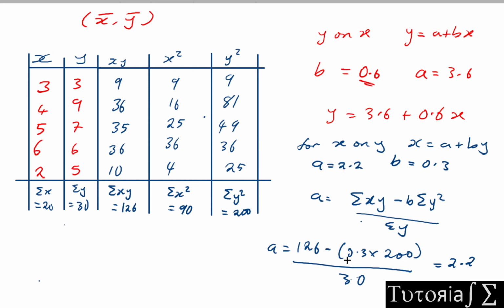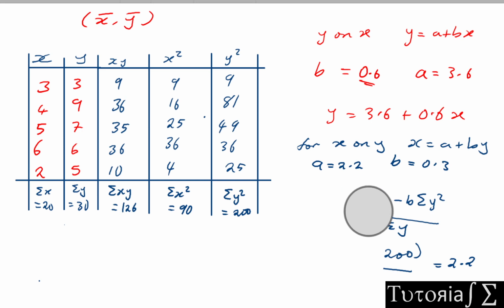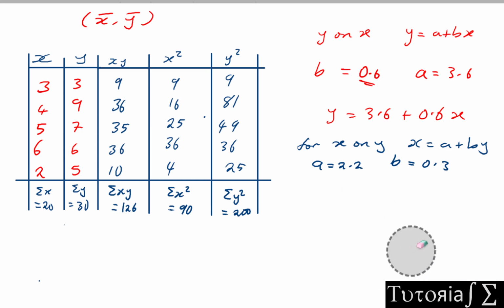Then our equation will be x is equal to a, which is 2.2, plus b, which is 0.3, times y. So those are the two equations.